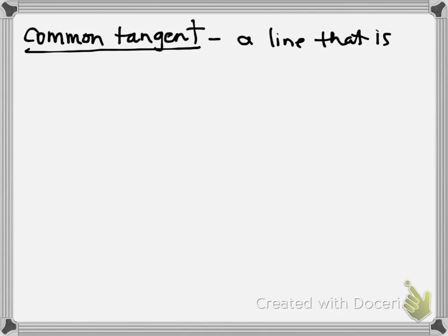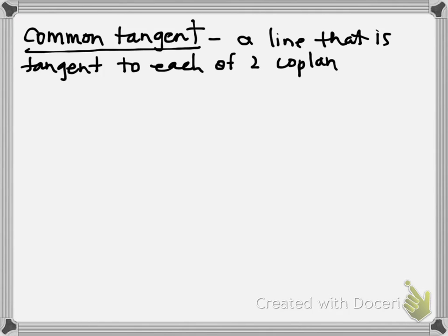So again, anytime I'm using tangent in this chapter, I'm talking about a circle. So it's a line that is tangent to each of two coplanar circles.